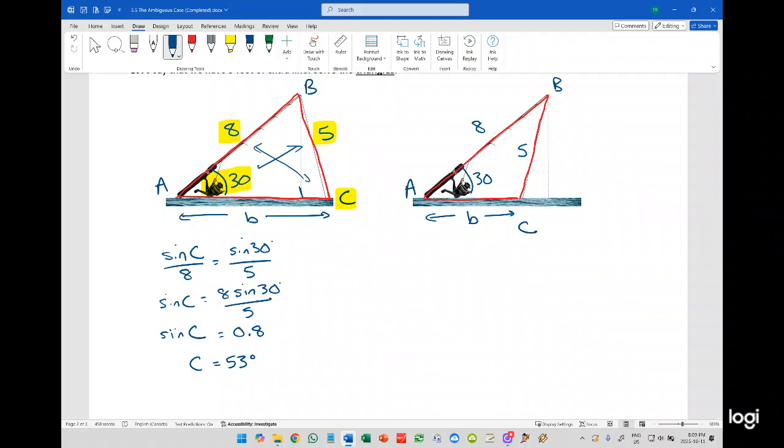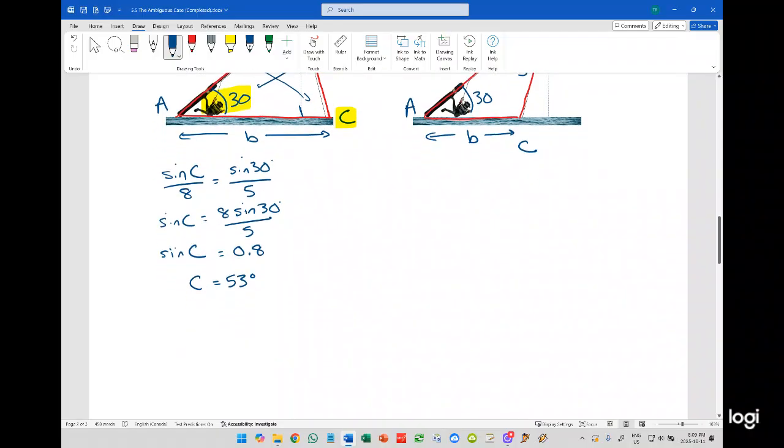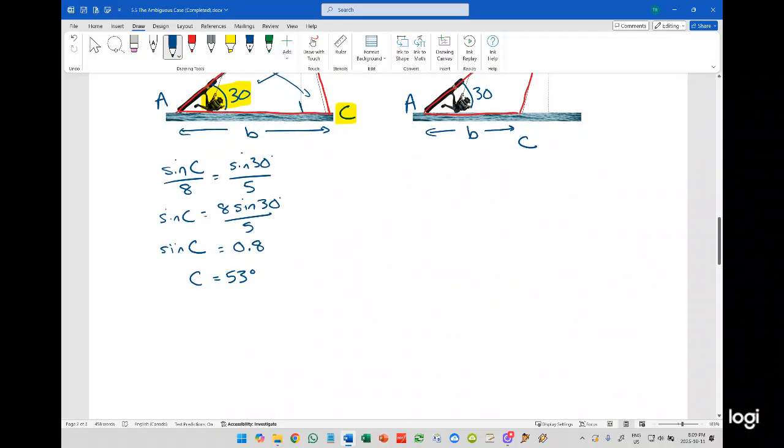However, I'm going to do this on the bottom just because I need a little bit extra room. 53 is one possible angle, but I do know from my CAST rule that sine will also be positive in the second quadrant, which means 53 degrees here.